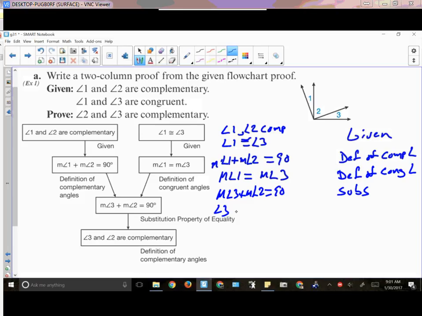Angle 3, angle 2 are complementary. Definition of complementary angles. There you go. The two-column proof is a lot shorter, doesn't it? Looks a lot more compact and a lot neater.